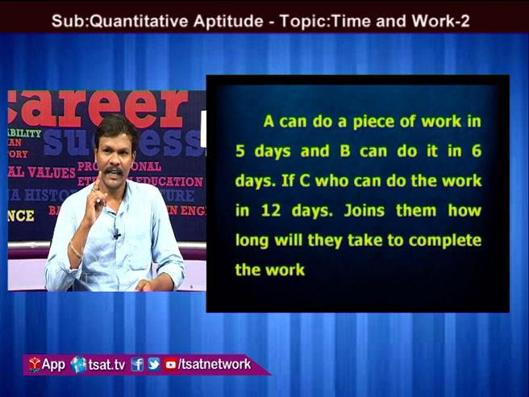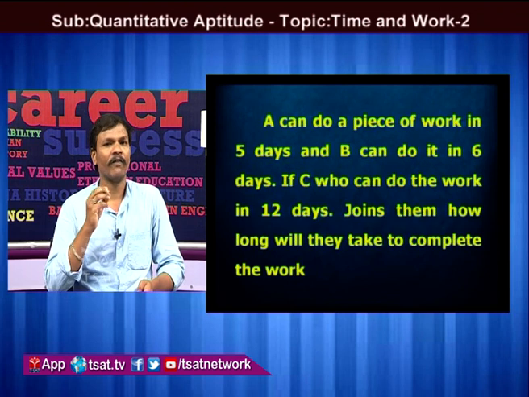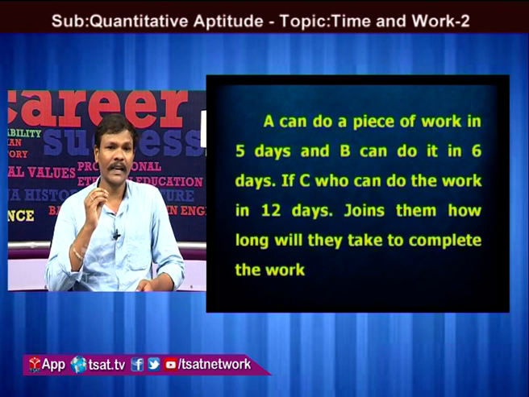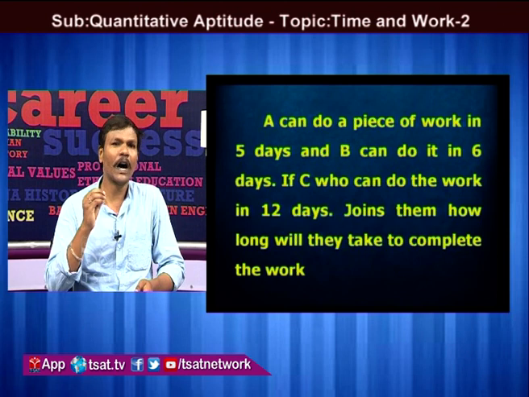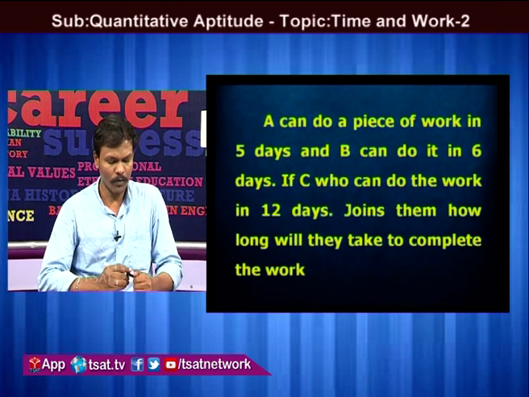In this question, A, B, and C, 3 persons, are working. We have already discussed that when we have 3 values in a problem, we use the LCM method: LCM in the numerator, and the denominator is LCM by A, LCM by B, LCM by C.